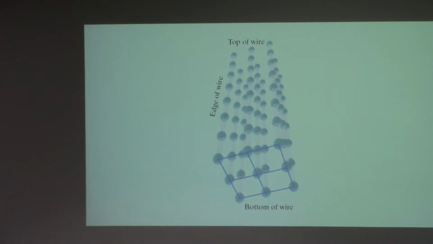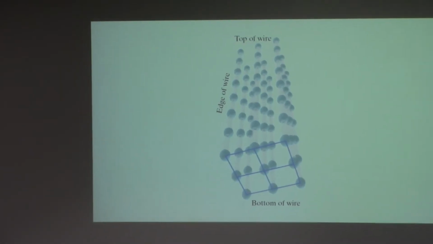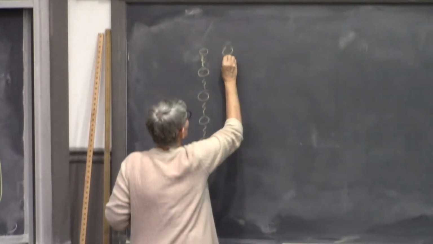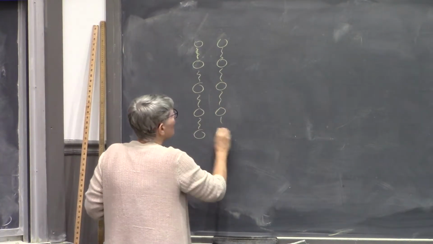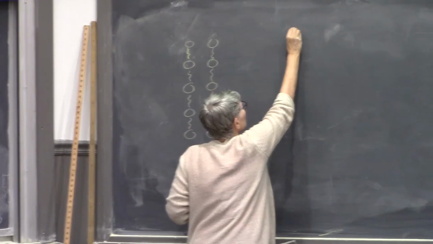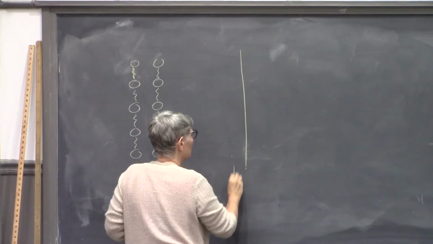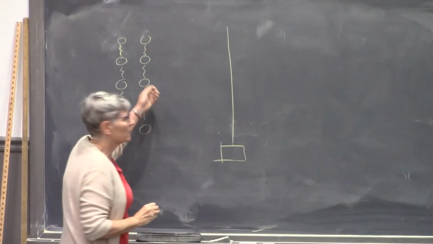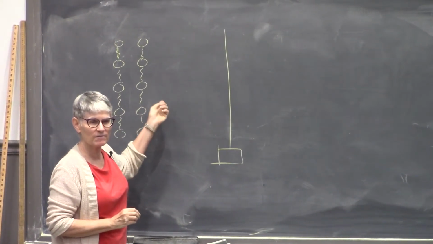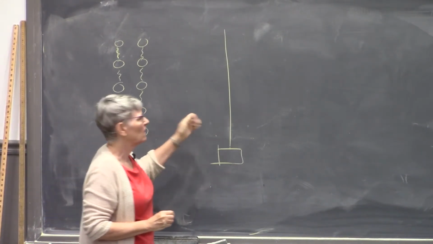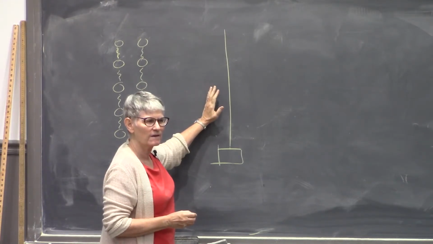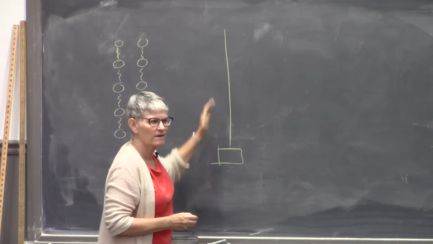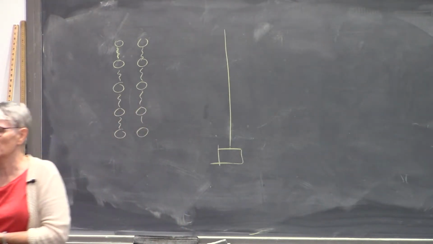It's all these chains of masses and springs. And so if we hang some big mass from a wire, we're going to stretch these interatomic bonds. So let's think about that.